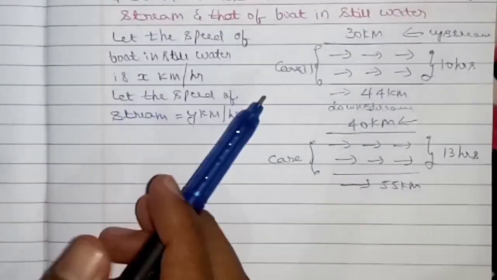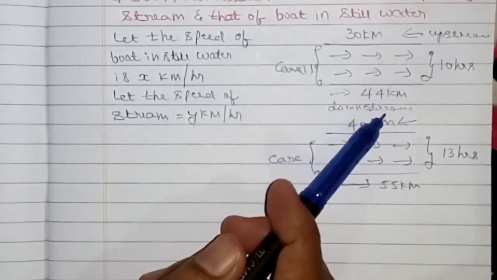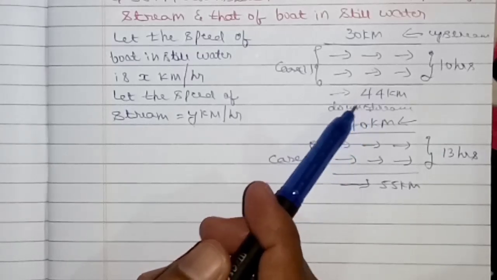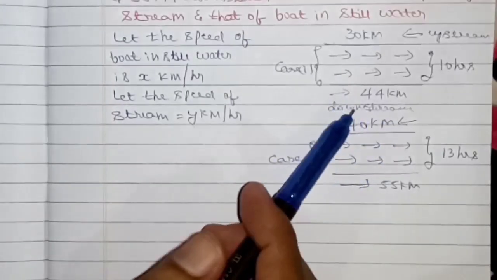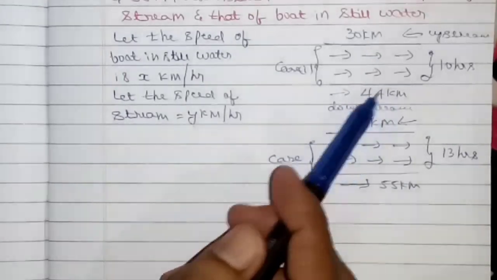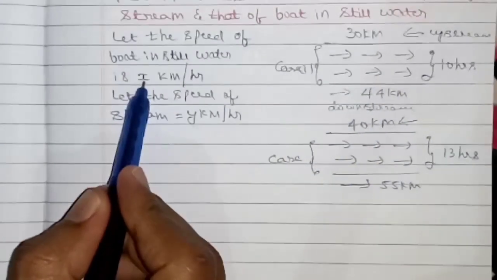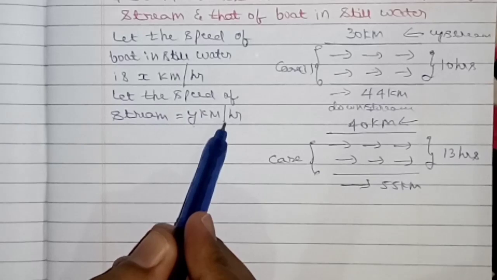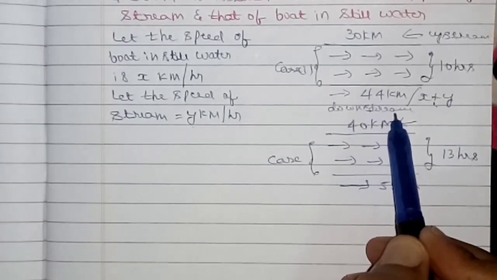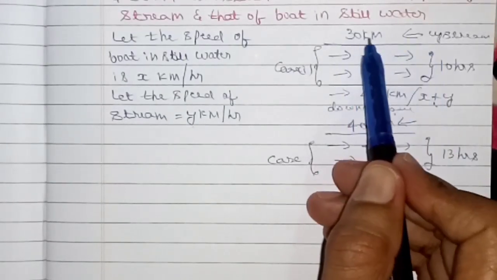Now, what is the speed of the boat towards the downstream? Downstream means the boat is moving along with the water. So for the downstream, you need to add: x plus y is the speed of the boat towards the downstream. Okay, children. Now, what is the speed of the boat towards the upstream?